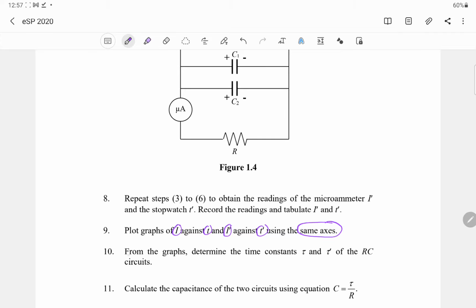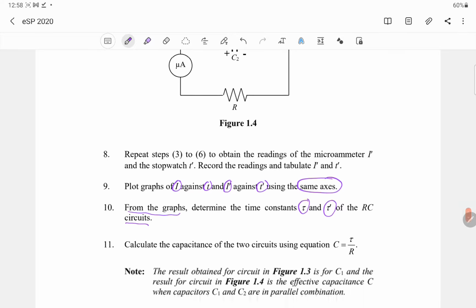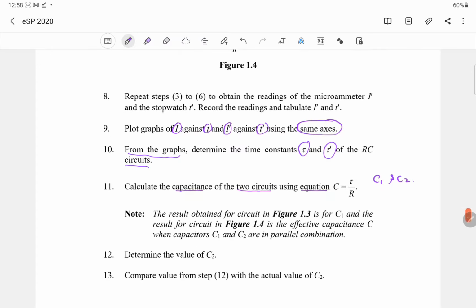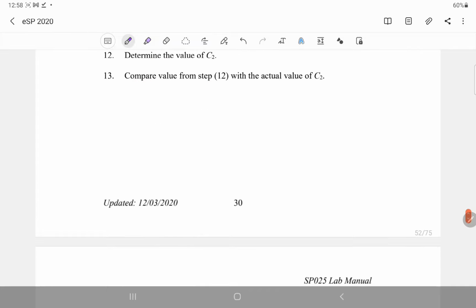From the graph, determine tau, the time constant, and tau prime of the RC circuit. Then calculate the capacitance of the two circuits using the equation C is equal to tau over R. So you have to calculate C1 and also C2. Alright, so we go one by one.